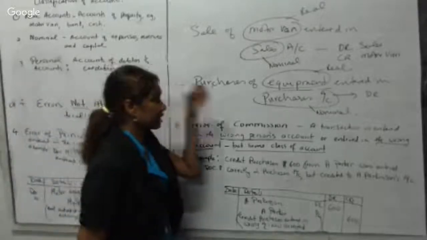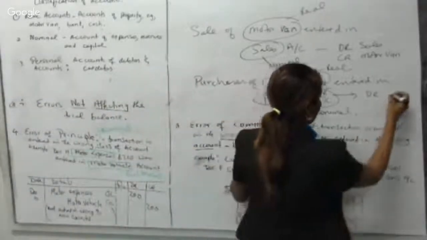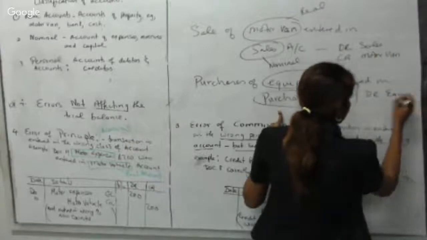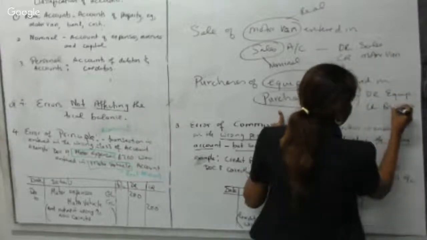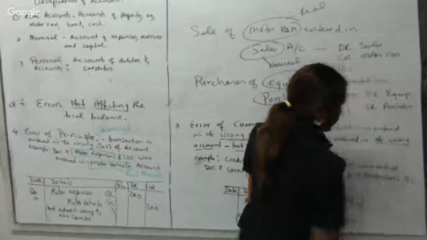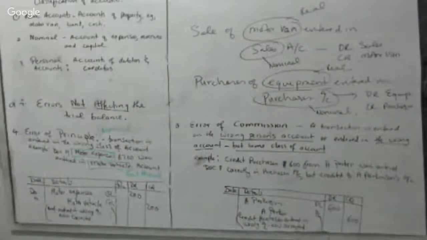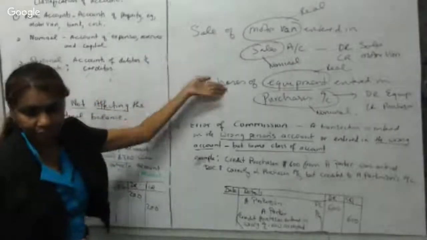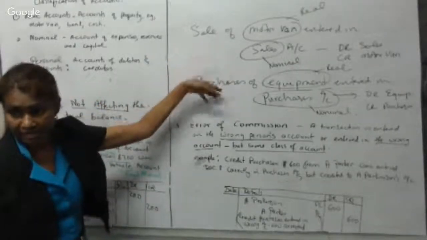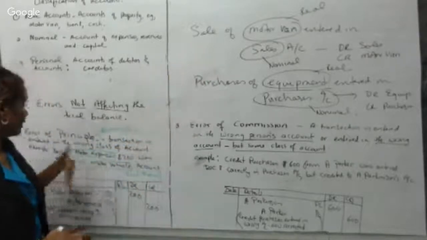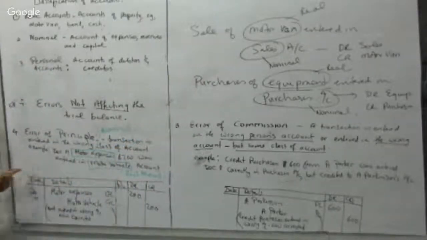You'd have to debit your equipment and credit your purchases to cancel it. So I'm just saying that you need to recognize these as well as errors of principle when you're doing your questions.